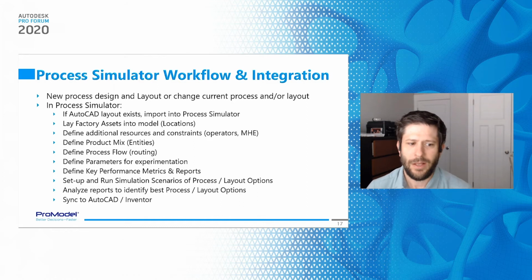We can analyze our reports like what Andy showed to identify the best process or layout options. Once we've done all of that, we can then sync back to AutoCAD or Inventor. So let me go ahead and walk you through a quick process of how that's done.